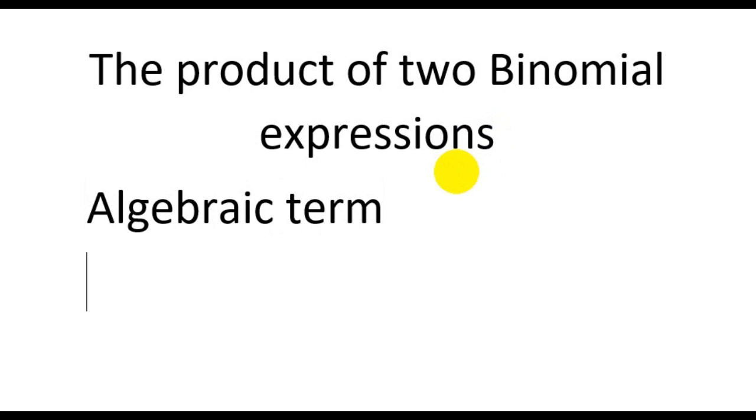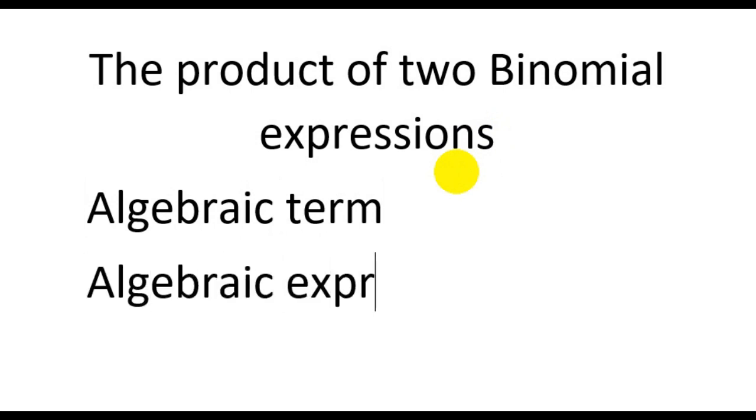term is and what an algebraic expression is. These two terminologies we have already discussed in our previous two videos, and we have done a couple of examples as well.